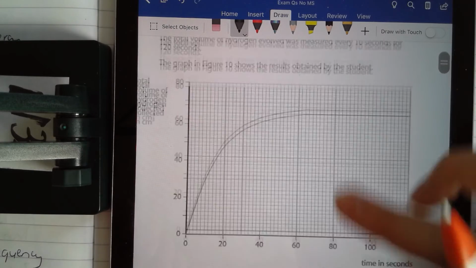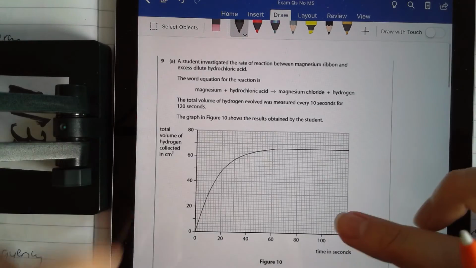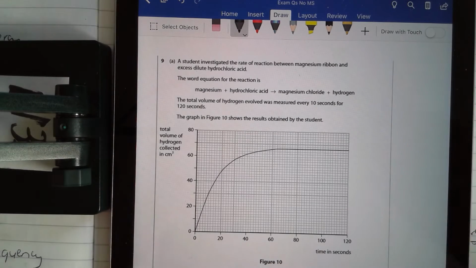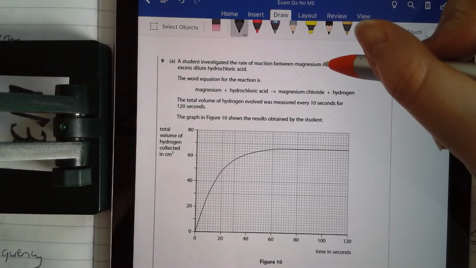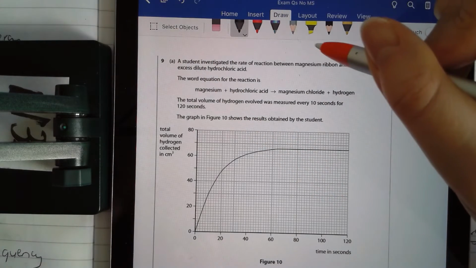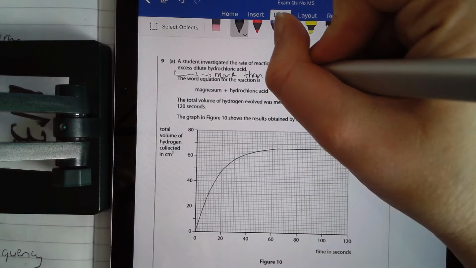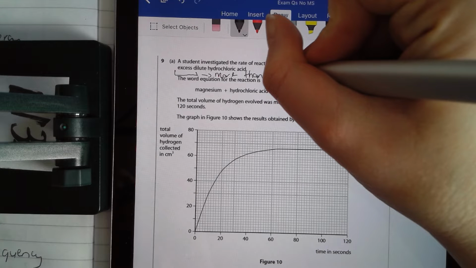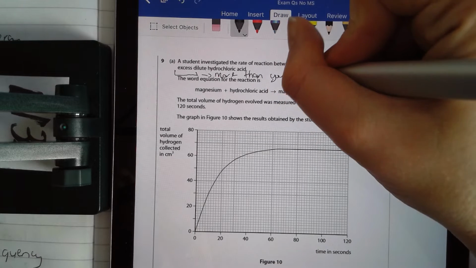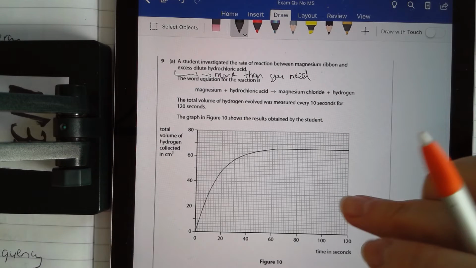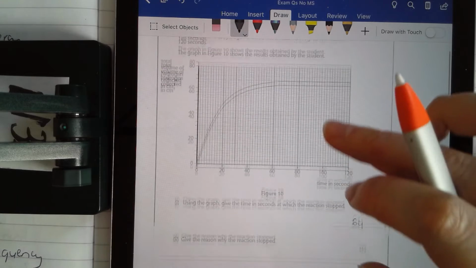Give the reason why the reaction stopped. Okay, what does it say? It says that you're doing the reaction between magnesium and excess dilute hydrochloric acid. Excess means that you've got more than you need. So you've got more HCl than you need. That means that the HCl is not going to run out, but your magnesium will.